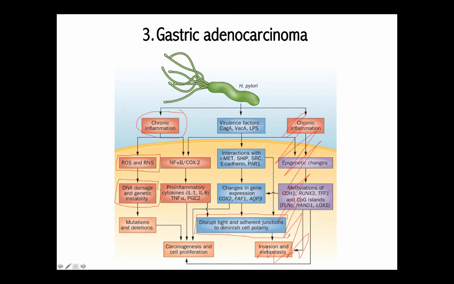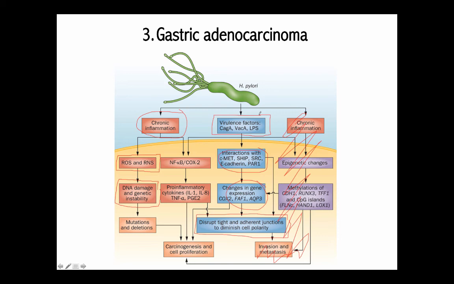But don't worry at all about any of these genes in any of these boxes, or any of the mechanisms. All you need to know is that there are these virulence factors here, and they are probably in some ways carcinogenic. What I do want you to think about is the role that chronic inflammation plays in driving tumorigenesis. You might want to do a little extra reading on that, that's fine. But expect questions on your quiz about how chronic inflammation can drive tumorigenesis.